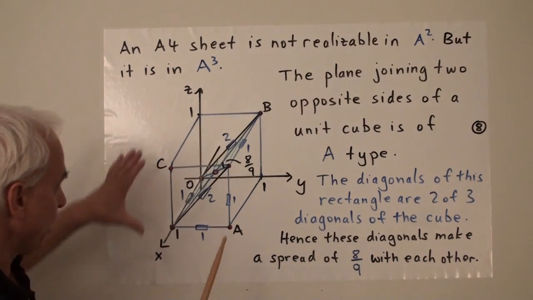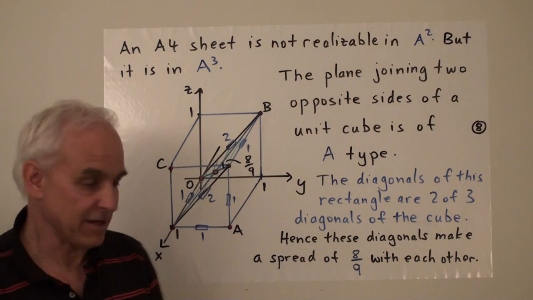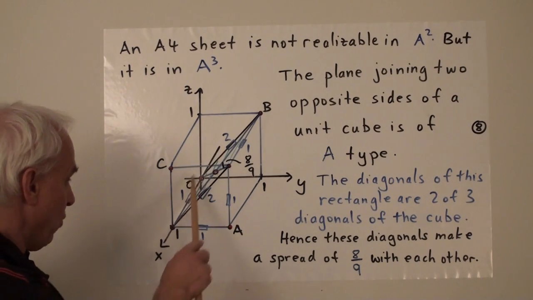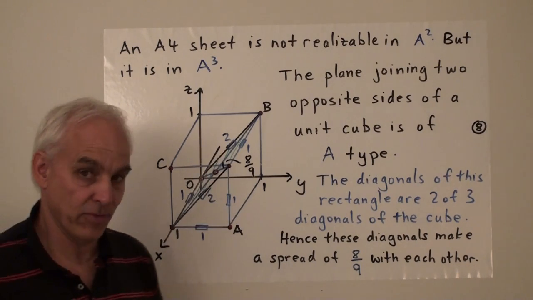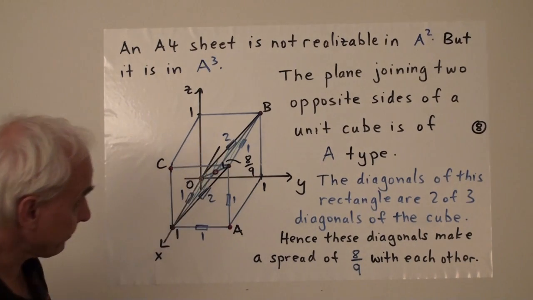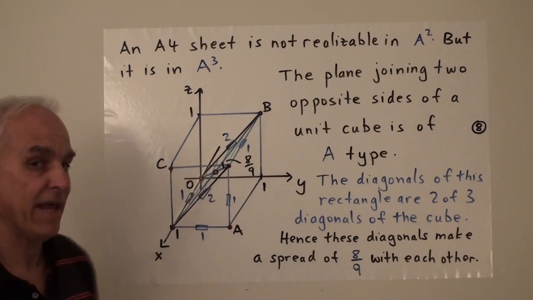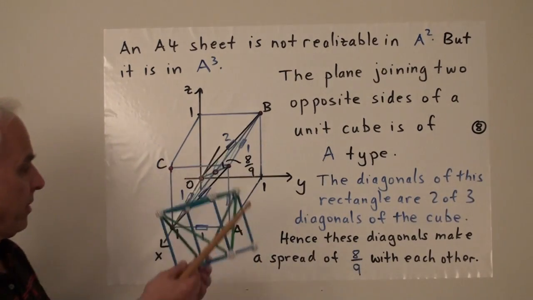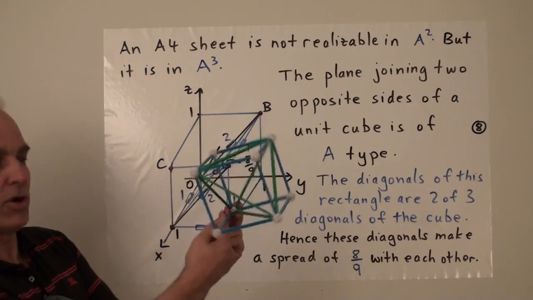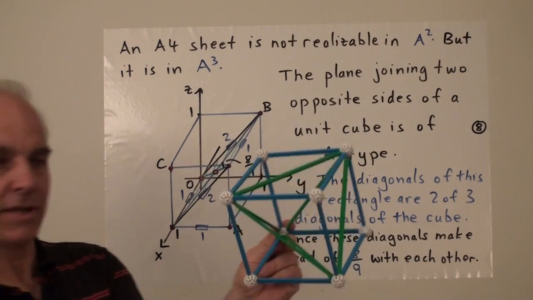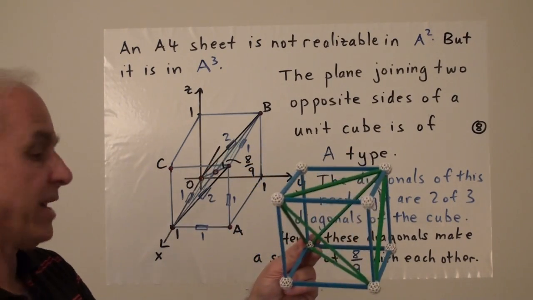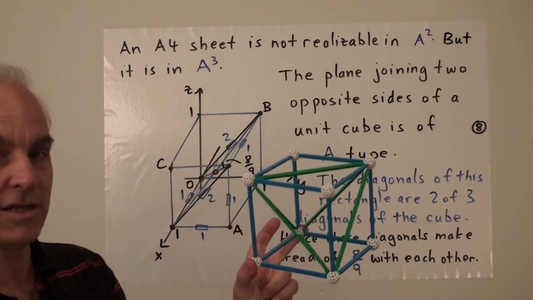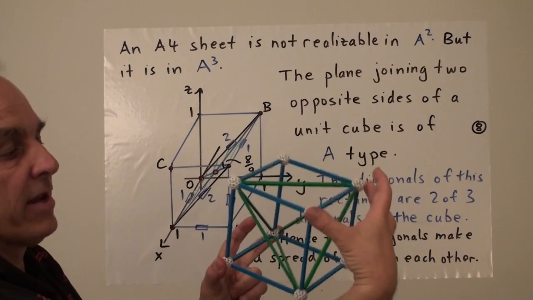All right, so the idea is to look at the cube that we looked at last time, the unit cube with vertices the origin, and then 1 in each of the x, y, z directions. There it is right there. And we're going to look at a particular plane in the cube. Okay, so here's our cube. Maybe here's the origin. And the plane is going to be the plane that joins that line and that line.